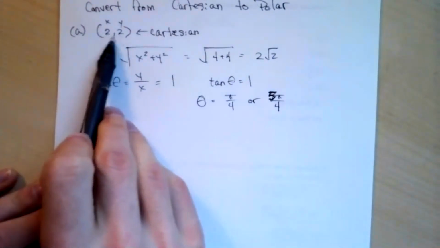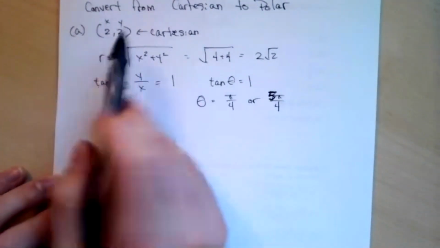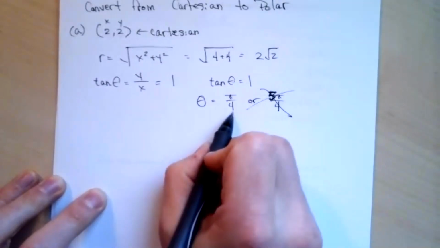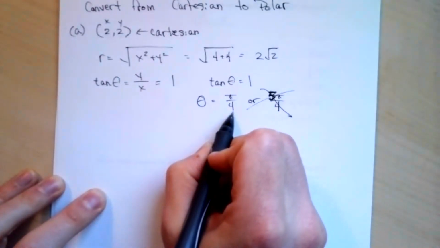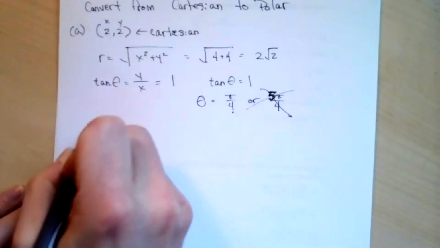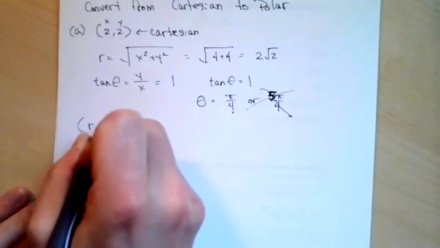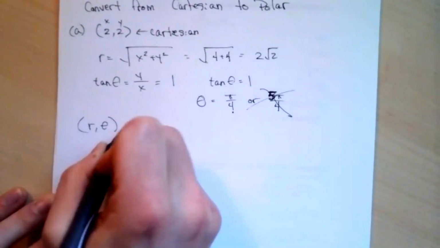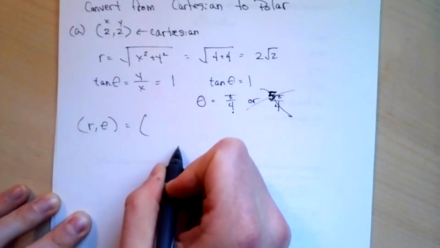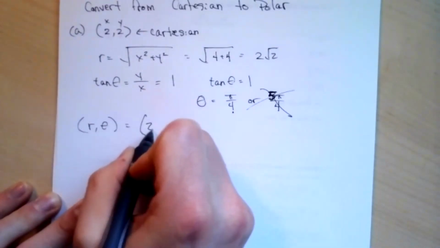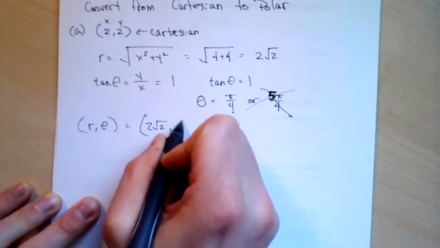But since we know our Cartesian point is in the first quadrant, our theta is going to be pi over 4. So for our r theta coordinates, another way we might indicate it is we just put the coordinate r theta and then say what that's going to be equal to. So we found 2 root 2 and then pi over 4.